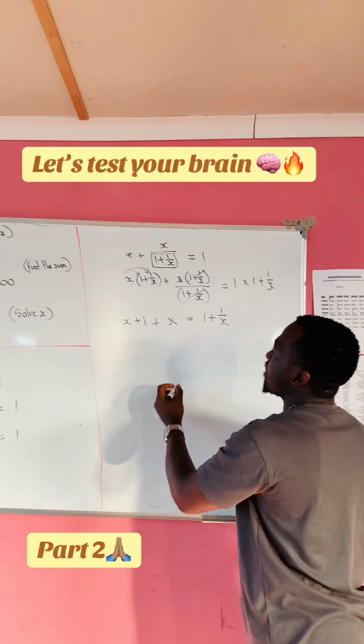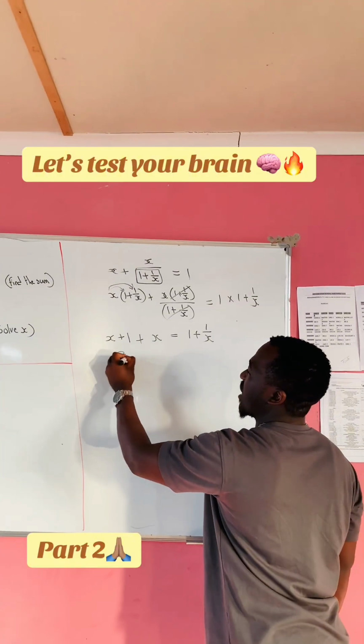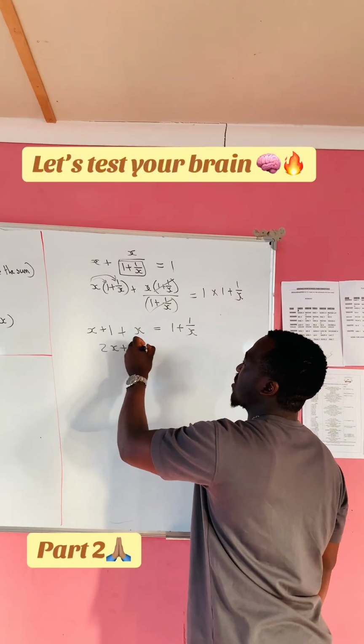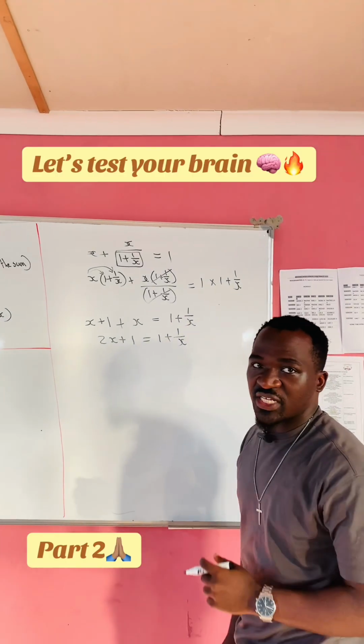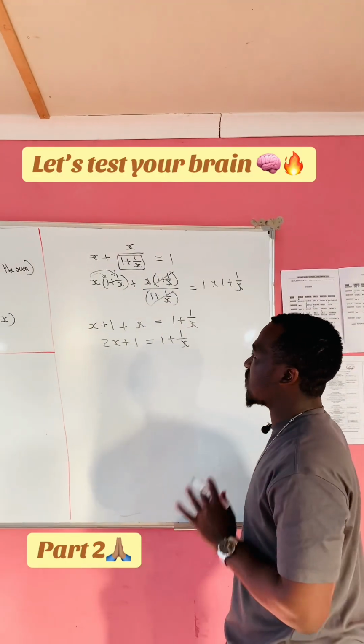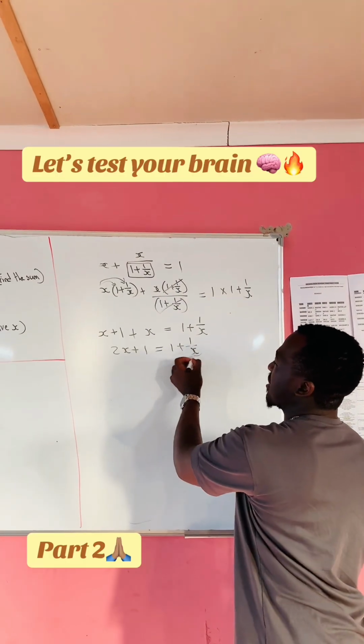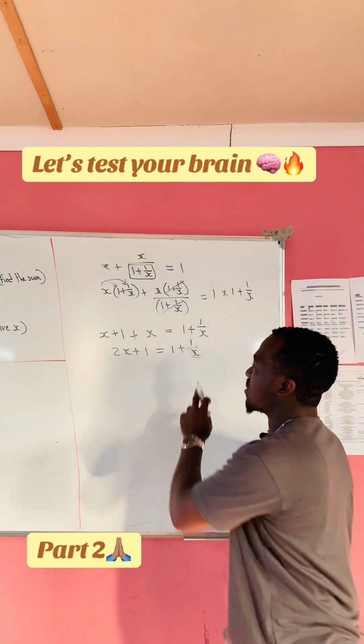Now look at it. We have x plus x, which is 2x plus 1, which is equals to 1 plus 1 over x. Can you see that? Let's just finish fast. So we are multiplying by the denominator everywhere so that we remove this.